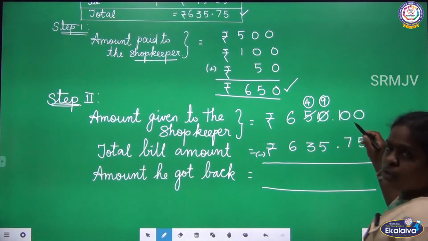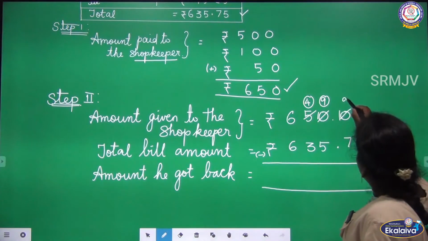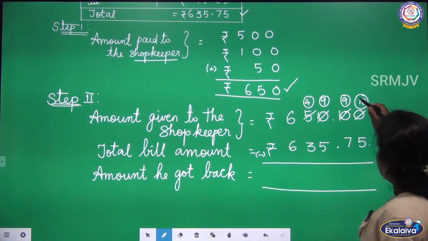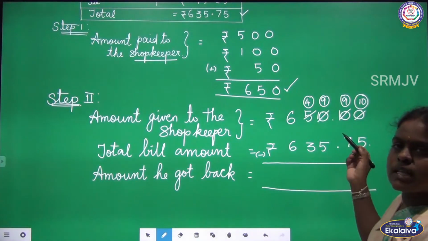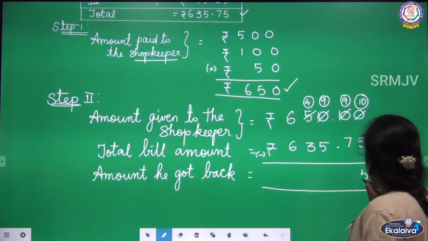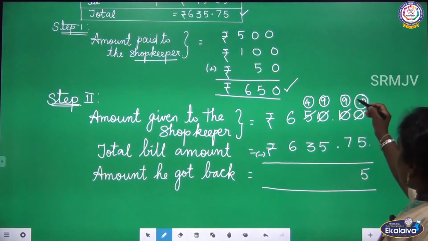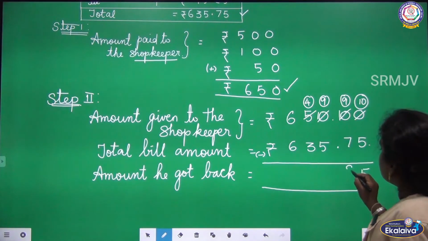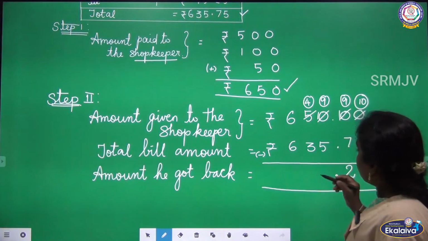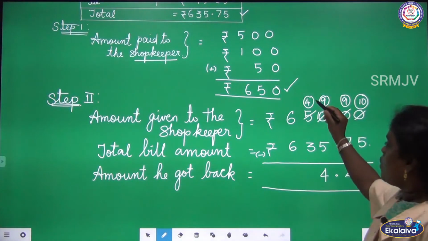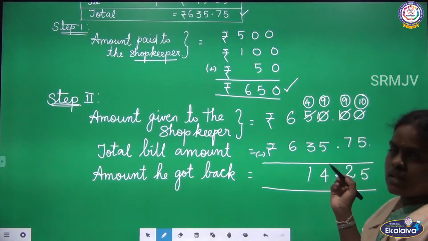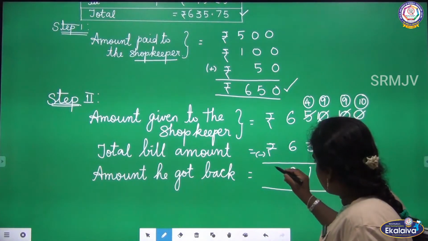So, again we are going to borrow, it becomes 9 and the 0 becomes 10. Listen, now we have the numbers 10 and 5. If you subtract 10 and 5, you get 5. 9 minus 7, it is 2. Decimal point. 9 minus 5, 4. 4 minus 3, 1. And 6 minus 6, it is 0.